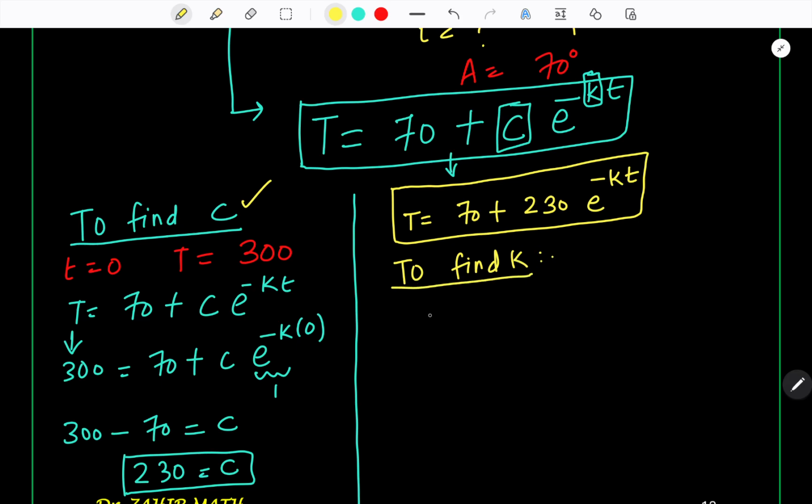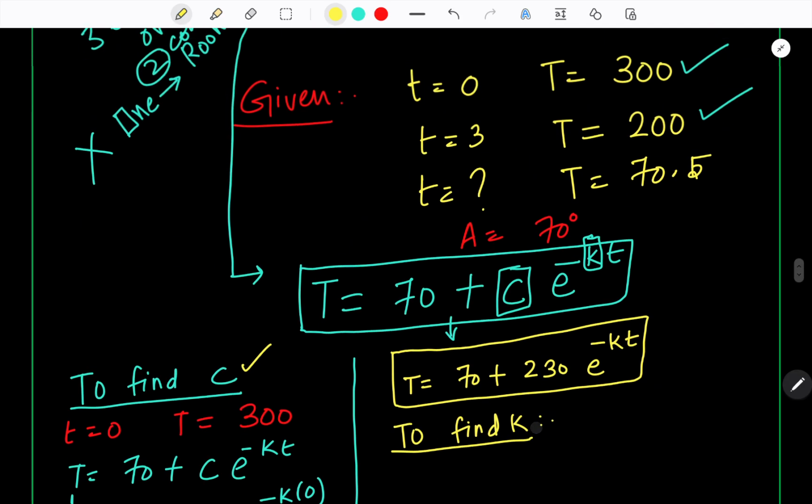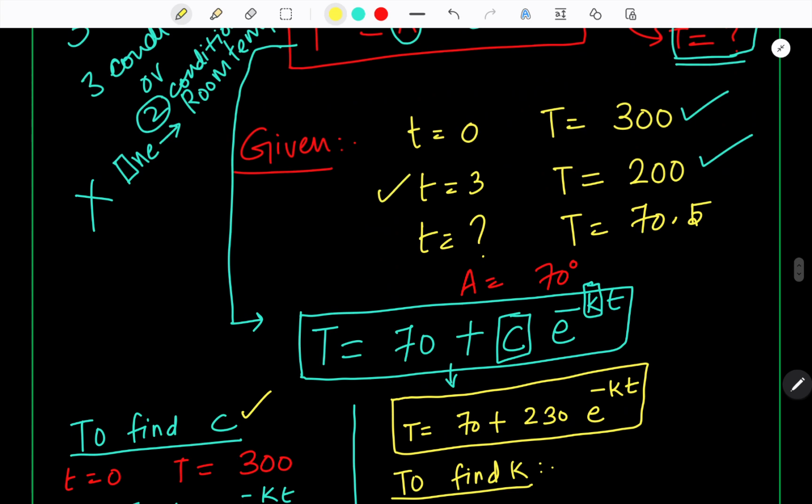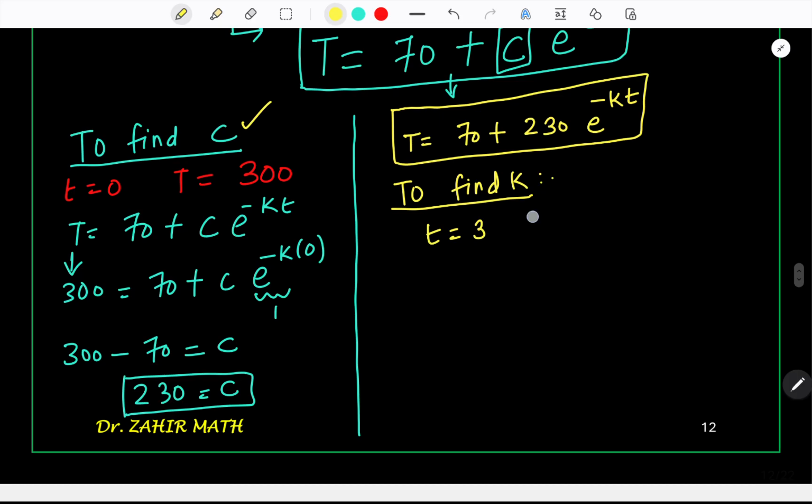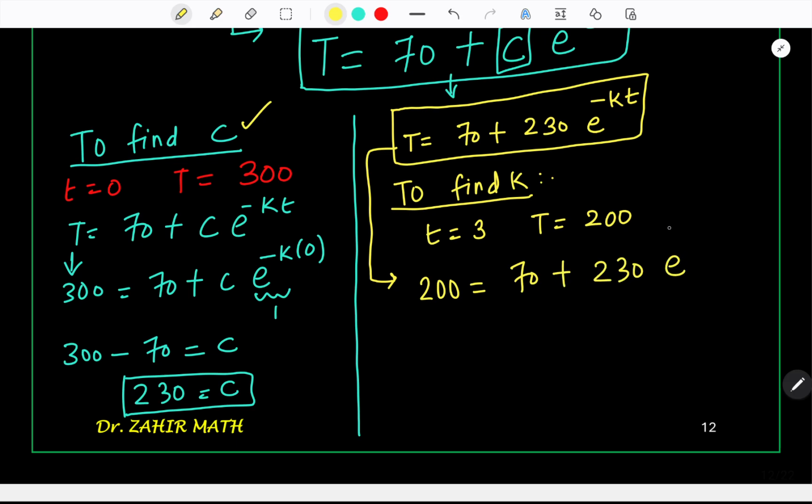Again, take this equation. What is the condition given? The second condition, t is equal to 3, capital T is equal to 200. Let's put the value. Capital T is equal to 200 equals 70 plus 230 e power minus k times 3.